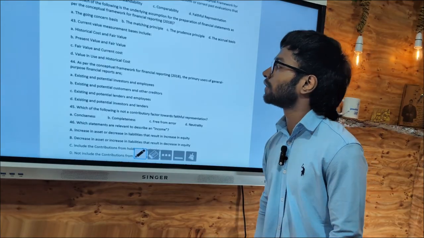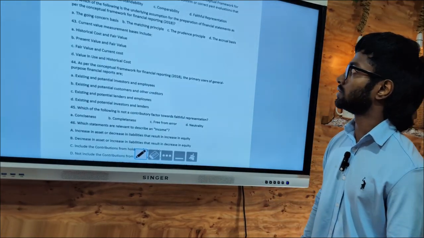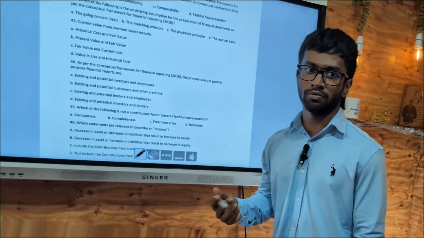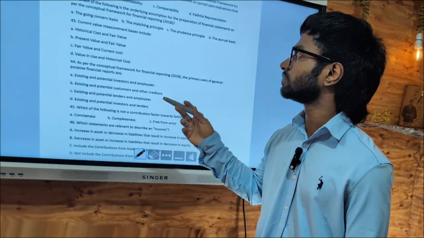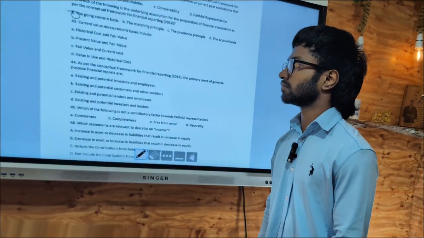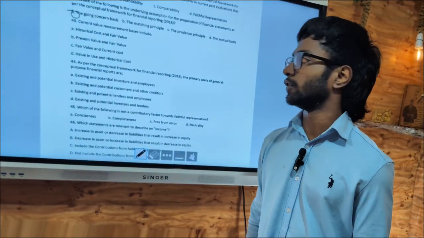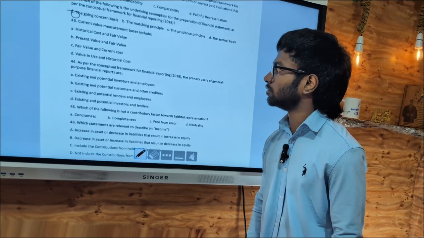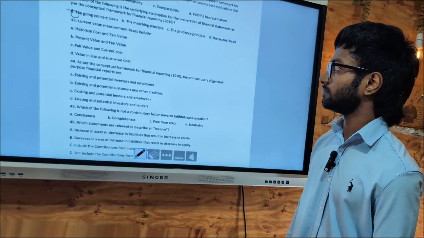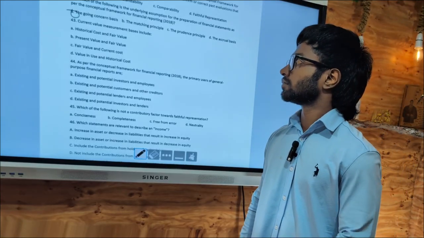Next we have, which of the following is the underlying assumption in preparing financial statements. As I told you, we came across this before also. Main underlying assumption is going concern. We should run with the intention of continuing.